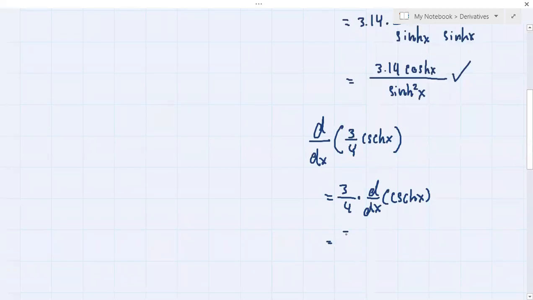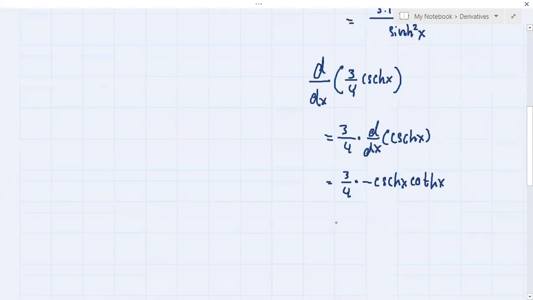Alright? So this would be 3/4 times negative cosecant hx times cotangent hx. So combine them together, magiging negative 3/4 times cosecant hx times cotangent hx.